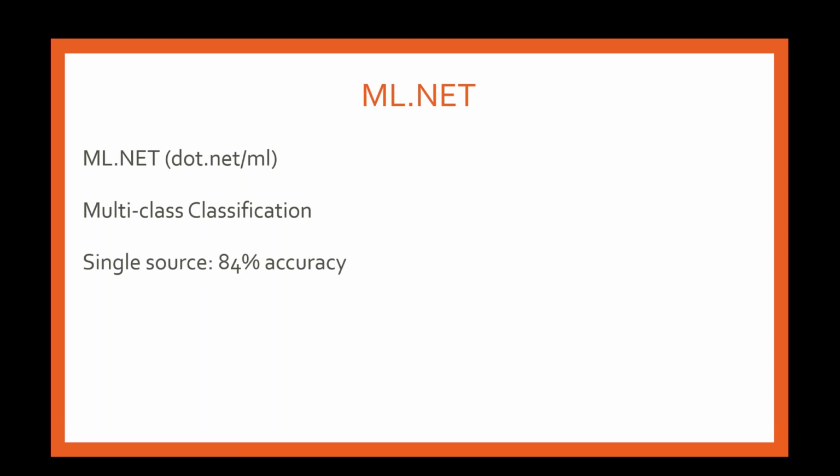As said, the single source was around 84%. It was in the range 80 to 85%, depending on the institute. When combining together, the top accuracy that we managed to achieve was 97%.